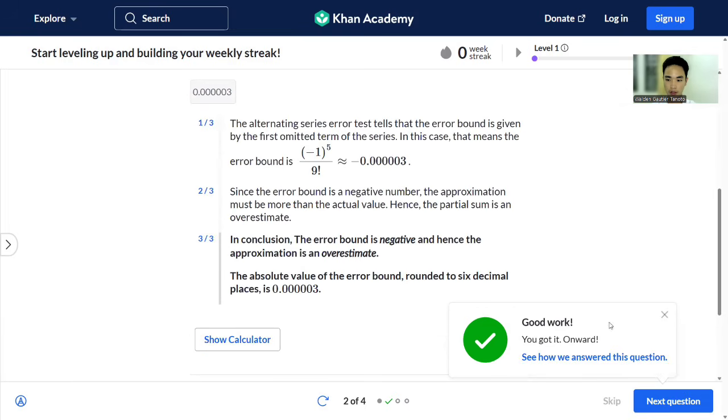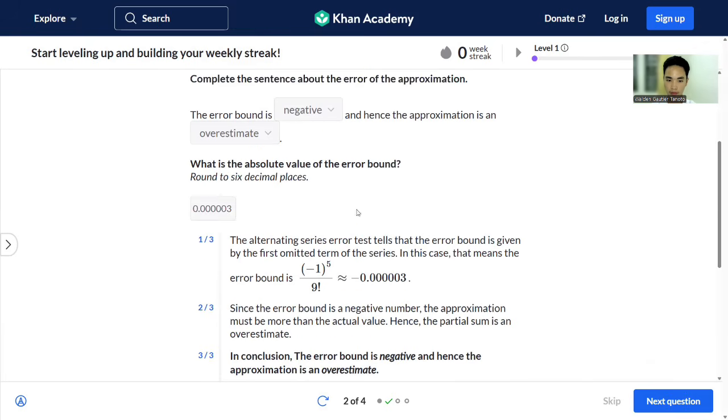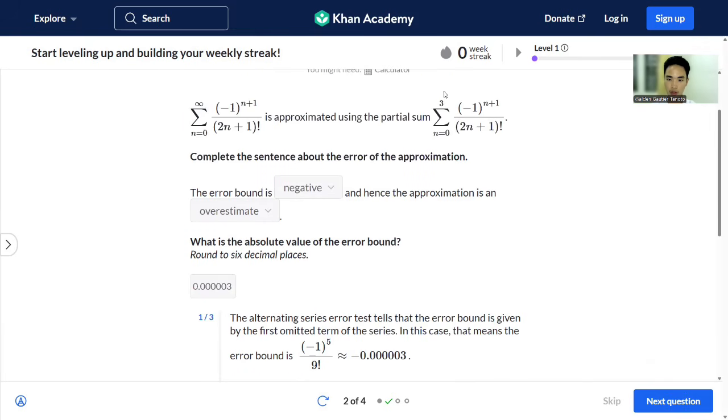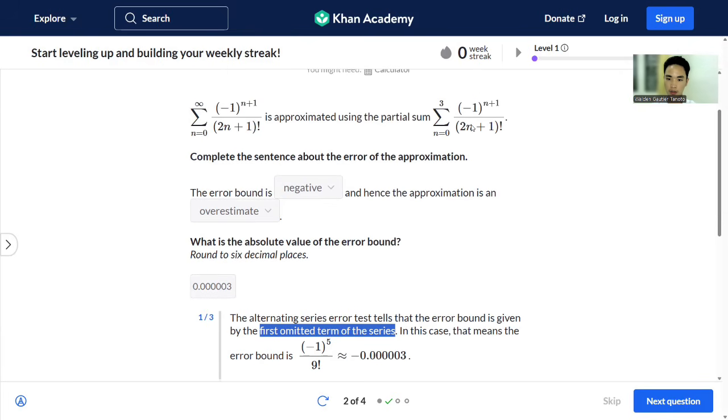This is how you do it manually. Since the top is 3, the first omitted term in the series is 4. So n, you change it to 4. 4 plus 1 is 5. And then 2 times 4 is 8, plus 1 is 9.